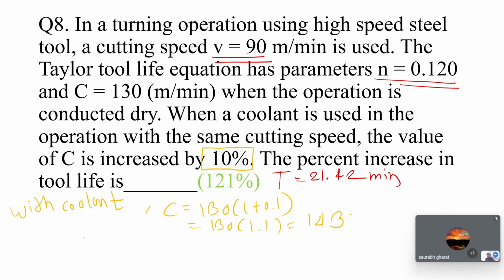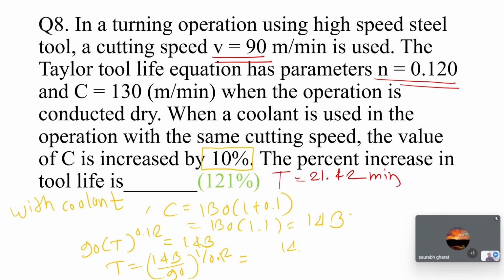So it will be the same equation, that is 90 T raised to 0.12 is equal to your 143. So T is equal to 143 divided by 90 raised to 1 by 0.12.